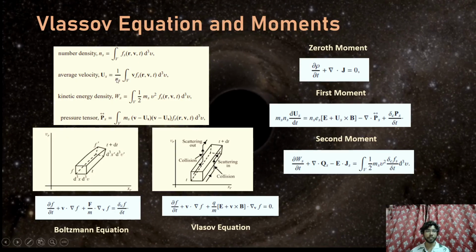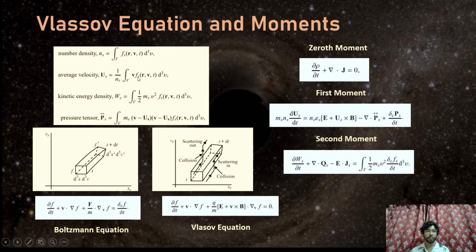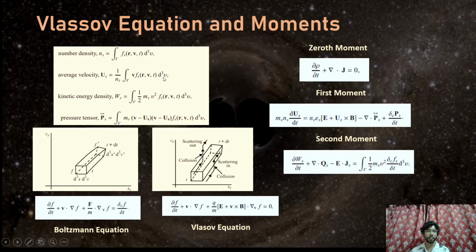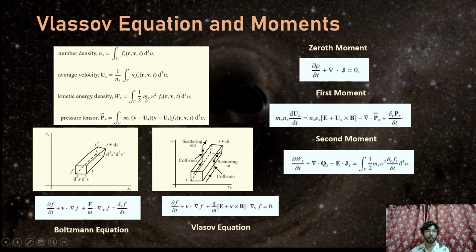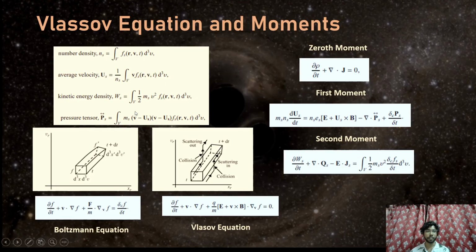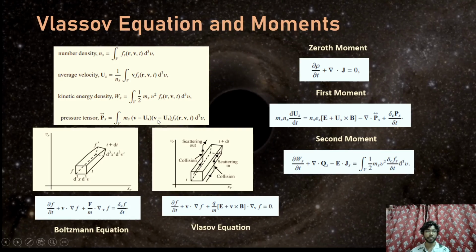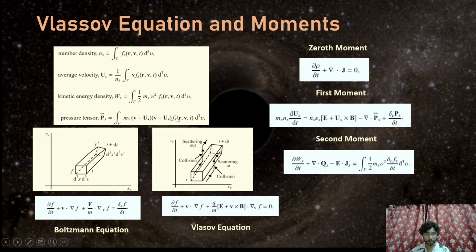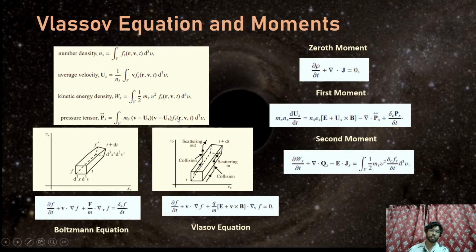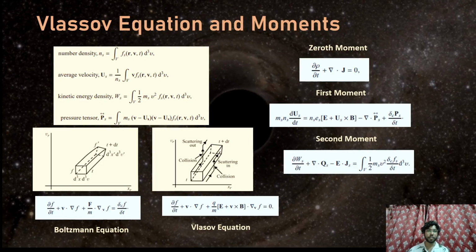And similarly, the average velocity is given as 1 by ns v Fs d3v, the kinetic energy half ms v square Fs d3v, and the pressure tensor as ms (v minus us) times (v minus us) Fs. So these are the definitions, right?